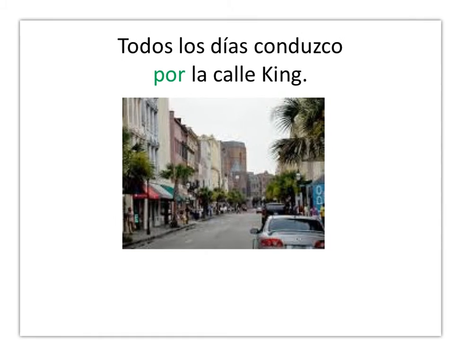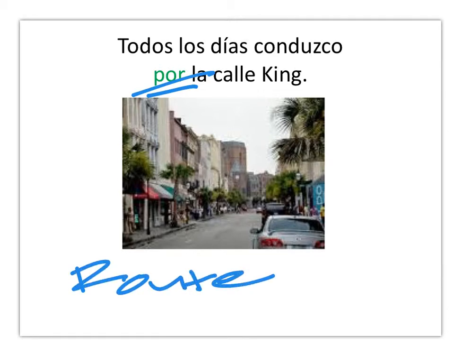Todos los días conduzco por la calle King. Por and para can be both used with places like la calle King or la playa or el Océano Atlántico. But when we use por in a place, we are using por to identify a route to somewhere.